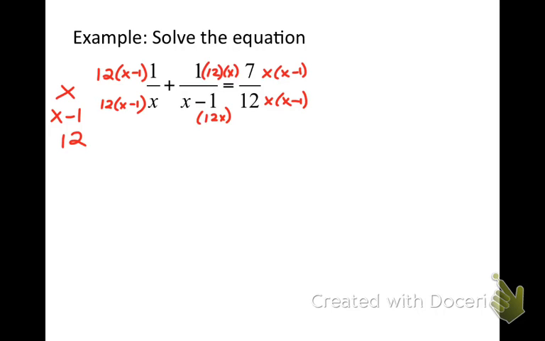So if all of my denominators end up being the same, what can we do? Yeah, just ignore the denominator and focus on the numerators, right? Because they would end up canceling each other out. So now let's just focus on each of these terms. So this would become what? 12x minus 12. So let's just write that as 12x minus 12.